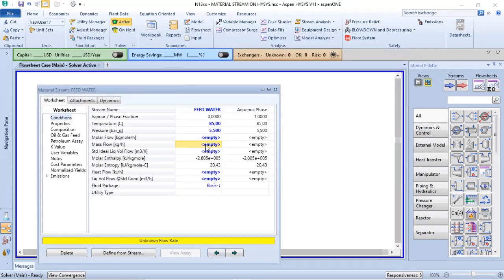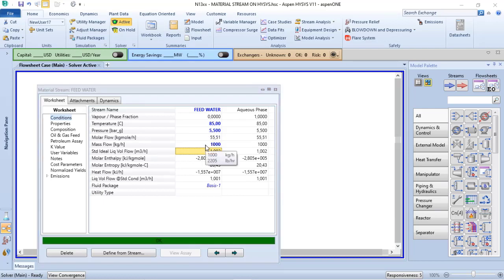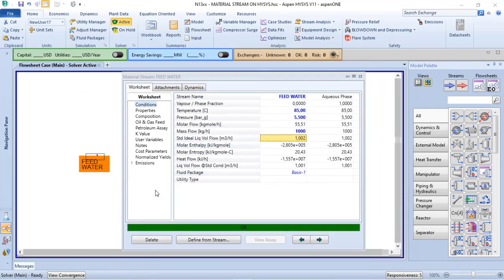So I will define my stream here as 1000 kilograms per hour of flow, and once I press Enter, you can see that the yellow bar becomes a green bar, which means that my material stream is fully specified, and now I have the dark blue color.